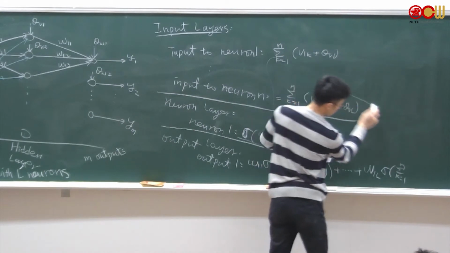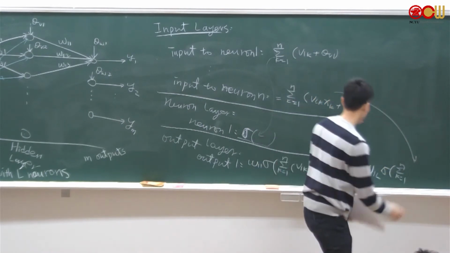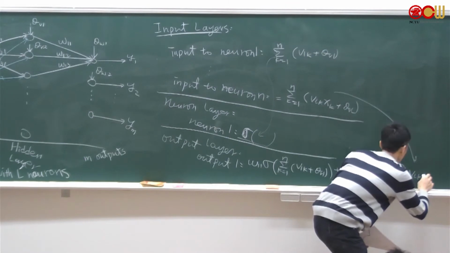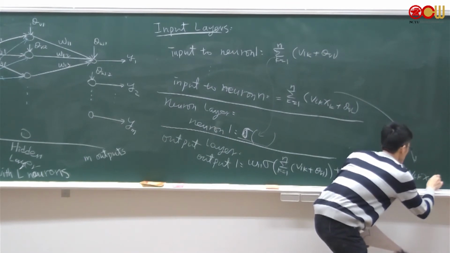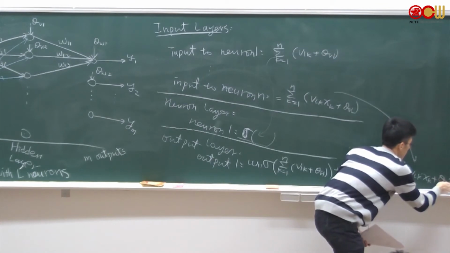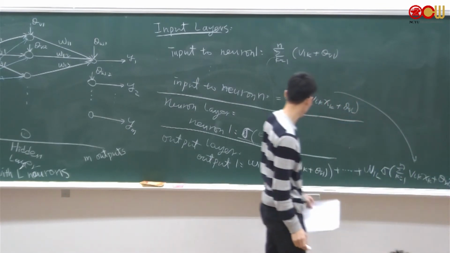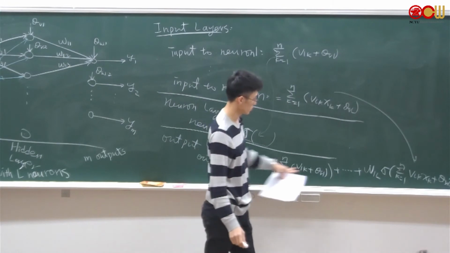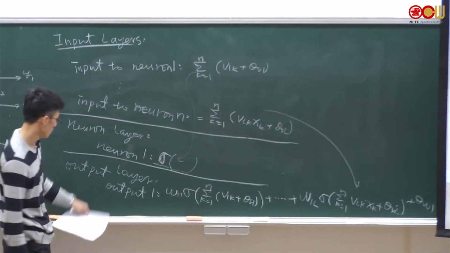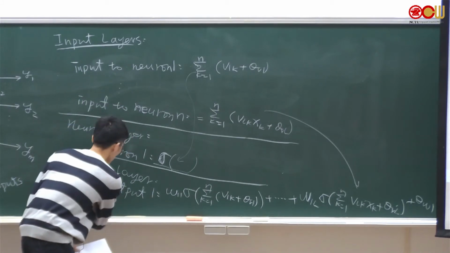And this, sum of vLk xk plus theta vL. Here are L terms plus offset. So this is the output 1, which is y1.